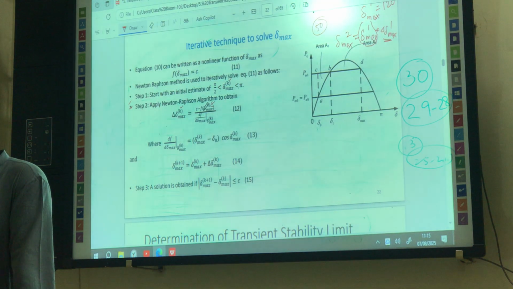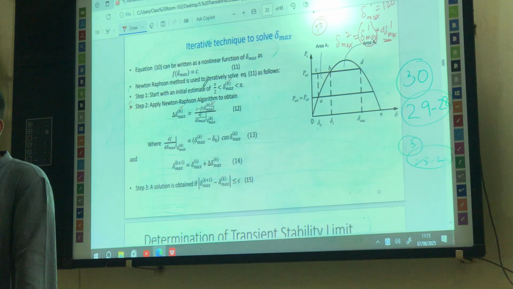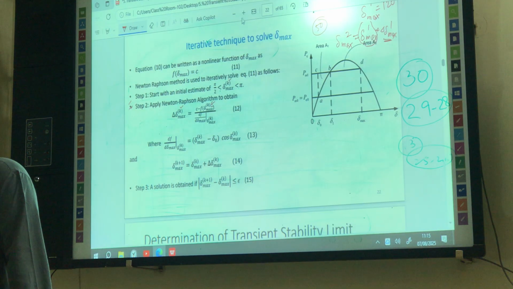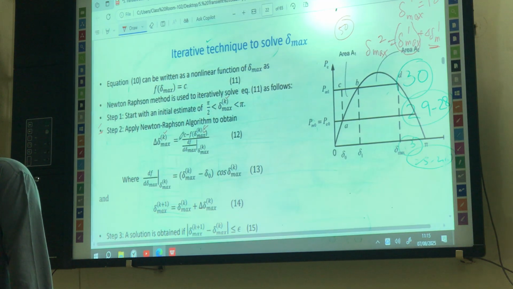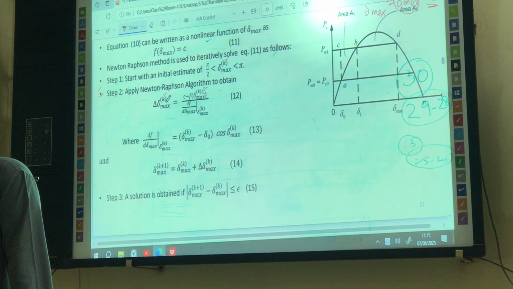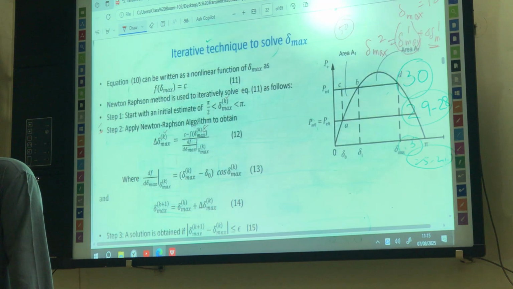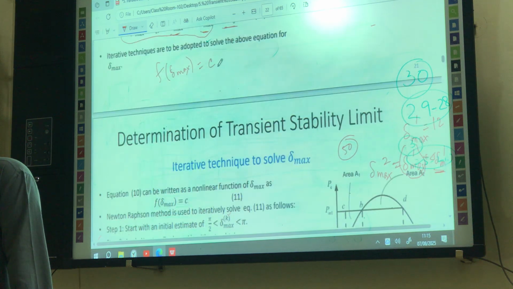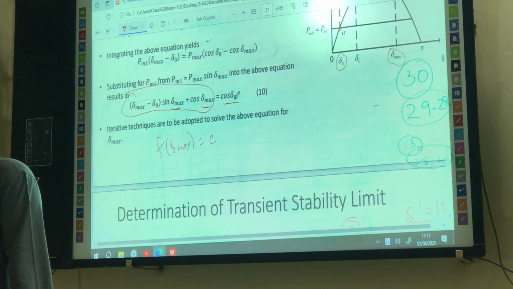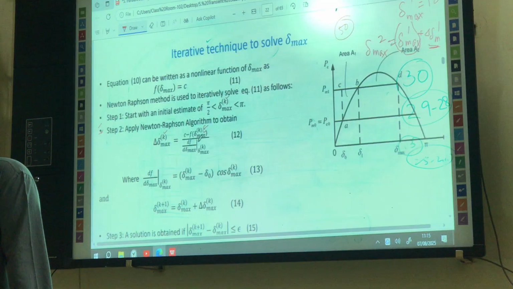Are you with me? I am saying that to find the del delta max of k, we need to know all the parameters on the right side. So we know c. How? We know the delta naught value, so cos delta naught will be c. How will we find f of delta max k? We know delta max k because this is our initial case.